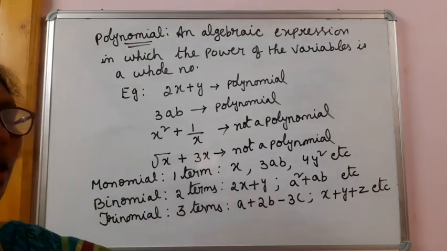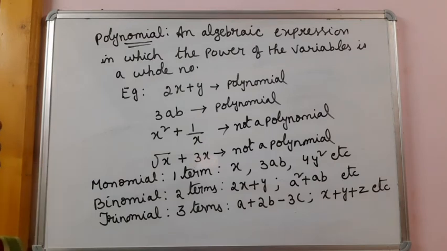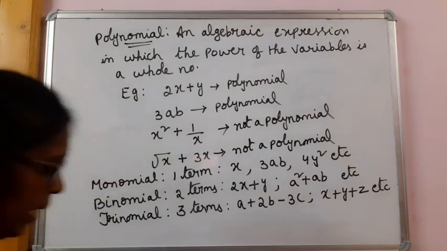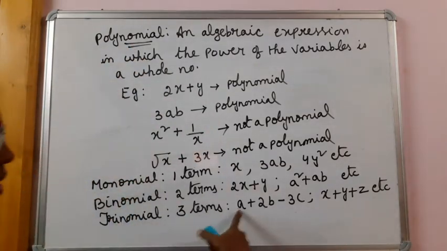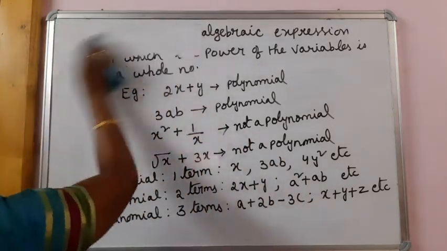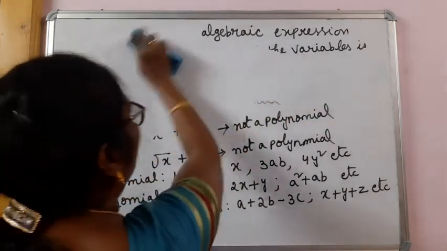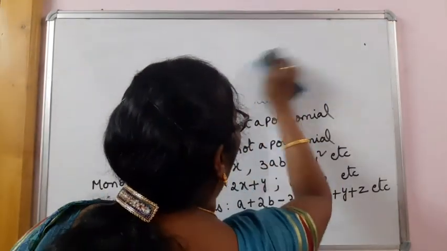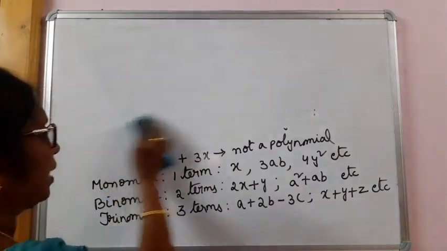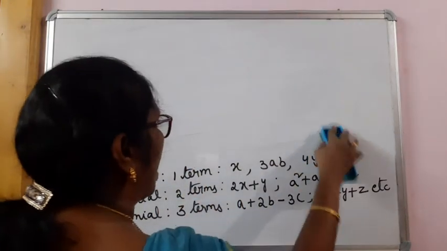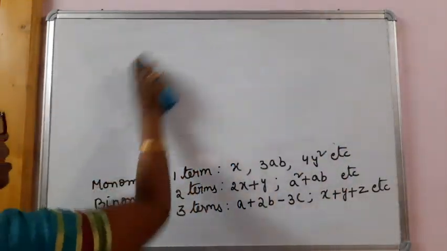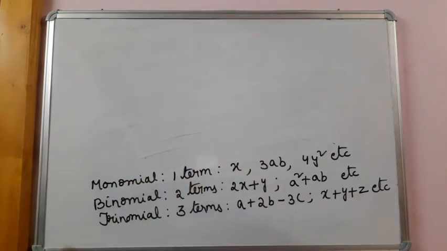And one more thing you are going to learn is the degree of a polynomial. These are the number of terms, okay. The degree of a polynomial is the highest power of the variable.